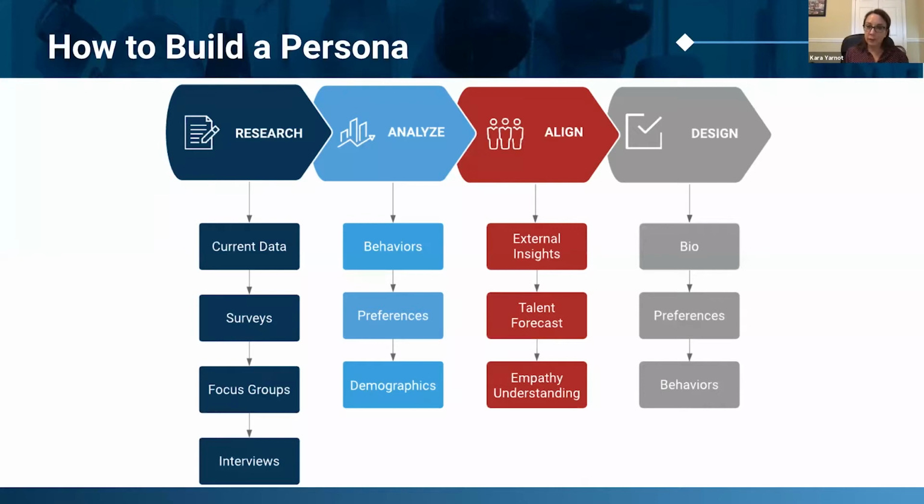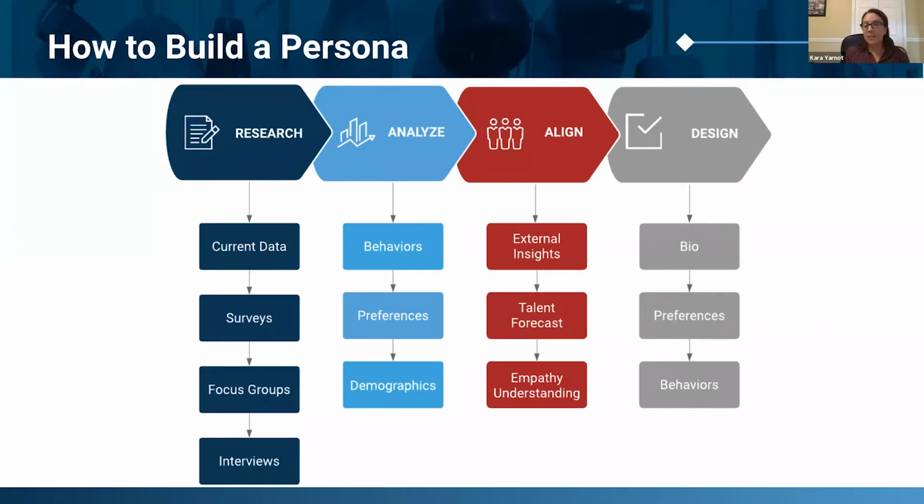I strongly encourage you to not go into persona research assuming you know anything about those candidates. Even if you have been recruiting software engineers your whole career, you probably have a really good idea, but I really encourage you to go in with a blank slate and evaluate what's happening with the candidates, what the people that you're after are interested in.